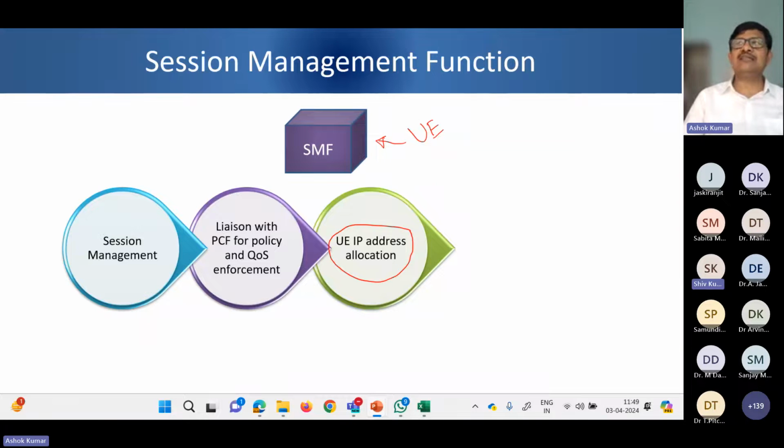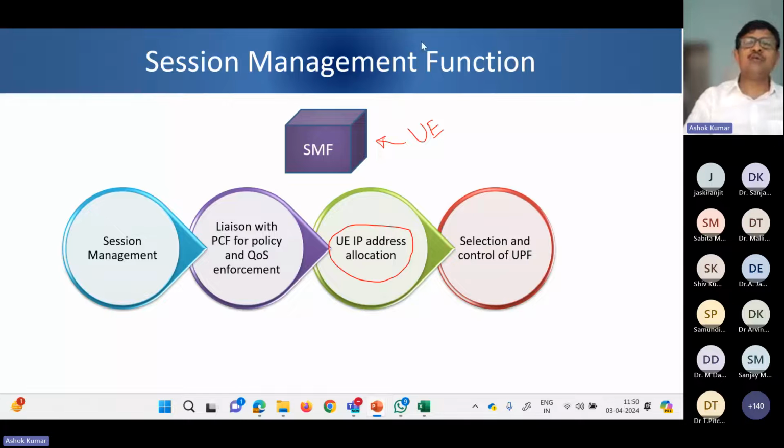If it is unstructured data, for example, many of the IoT devices will not use IP kind of data, but they will be using unstructured data. In that case, there is no requirement of allocating an IP address. So IP address is not always allocated, it is only when the data itself is IP. It's not compulsory for each user equipment.